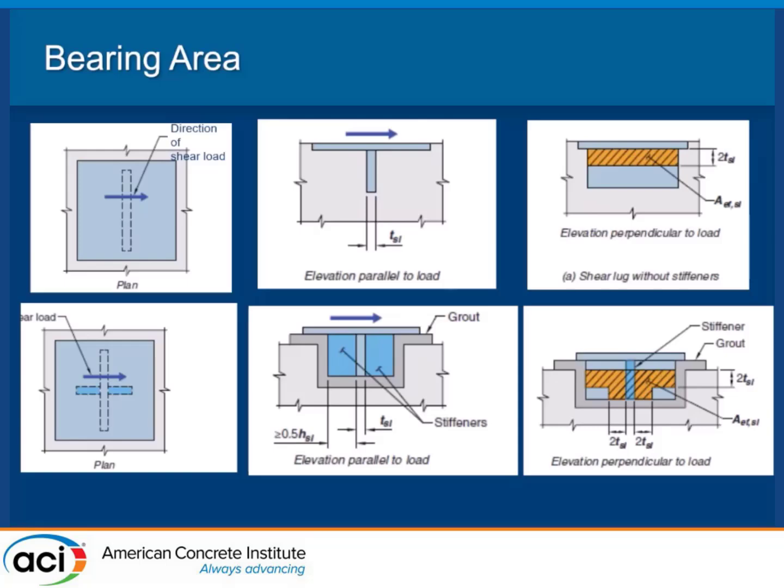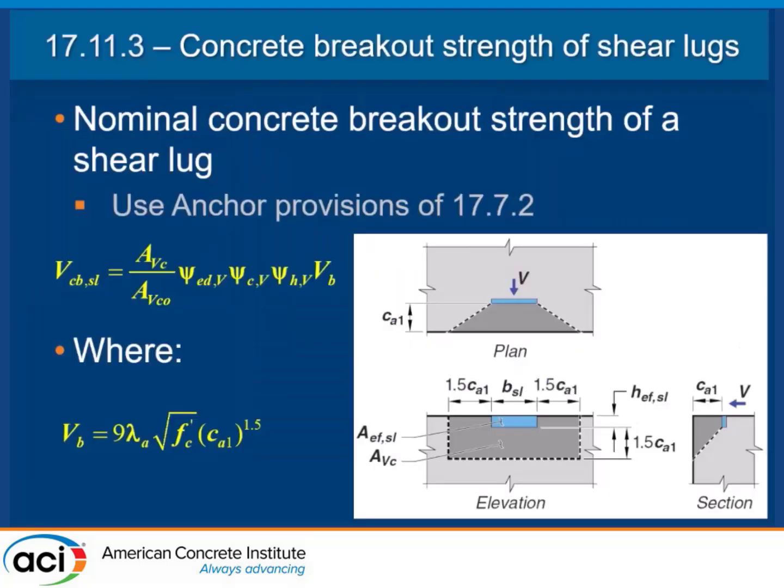So it's 2 times the thickness of the lug. Just because I go deeper doesn't mean I get to use all of it. I can put a stiffener in, and then I can start to get more area here. So there are little things you can play with to increase bearing area.